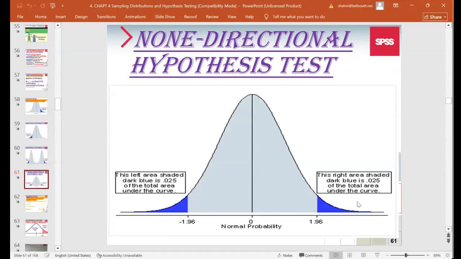I mentioned T. For the T test, which we're going to cover after the midterm, it's the same principle, except instead of the critical value for Z, we look at the critical value for T.